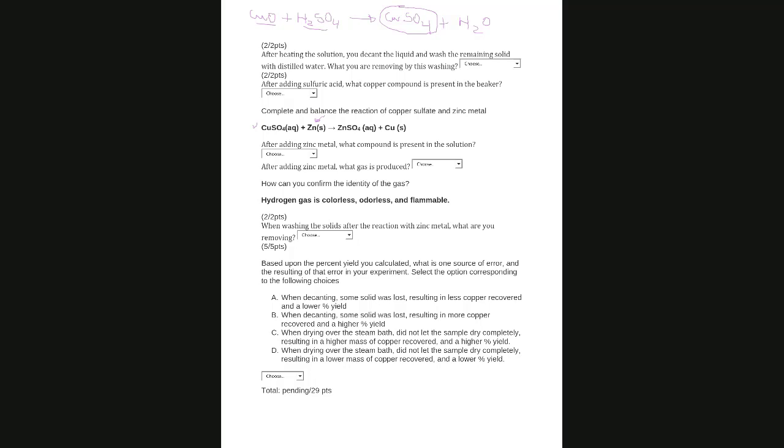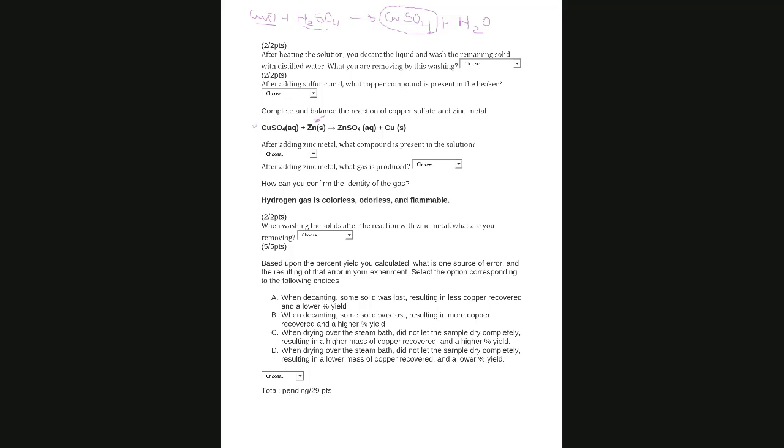And then they ask you, how can you confirm? We know that the hydrogen is flammable. If we lit a splint and held it near the opening of the tube, if it's hydrogen gas, it would ignite because it's flammable.